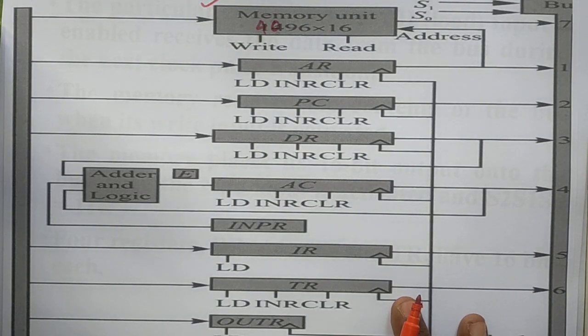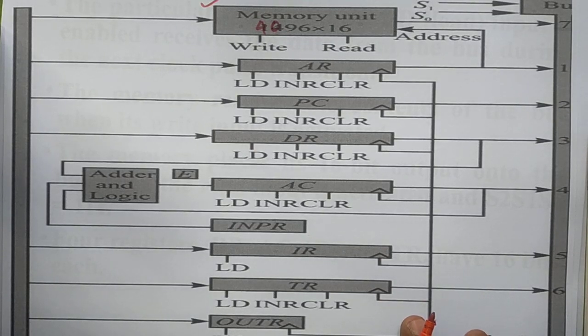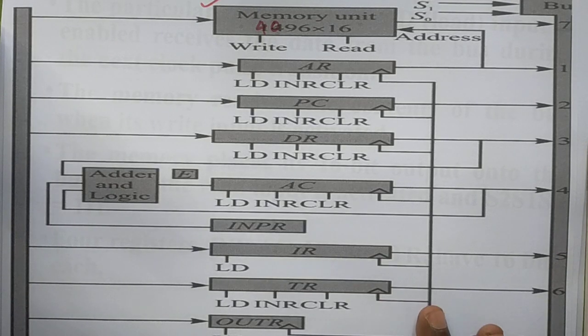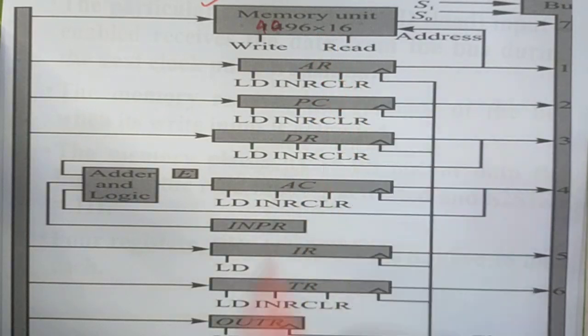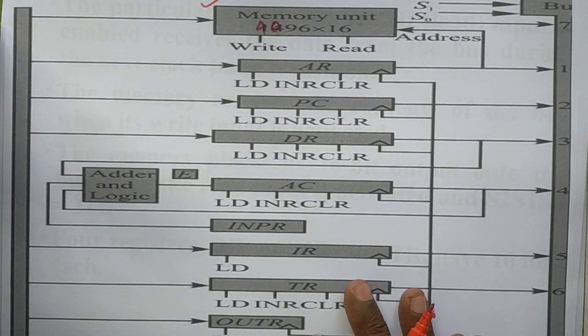How it is 4096 I have already told in one lecture, so you can see that video, how the memory size is created based on the instruction format. Most standard instruction formats have 16 bits, and from that 16 bits it is created, 4096 into 16. It is the size of that memory.